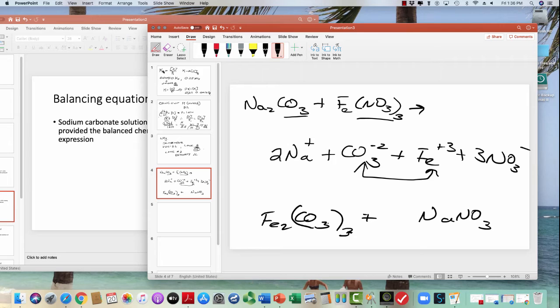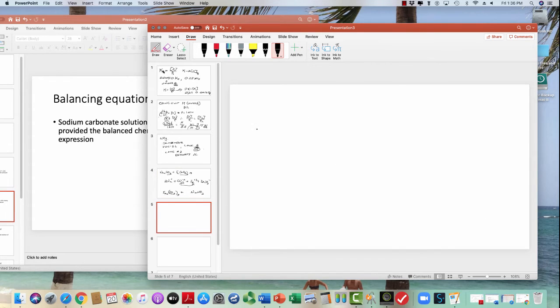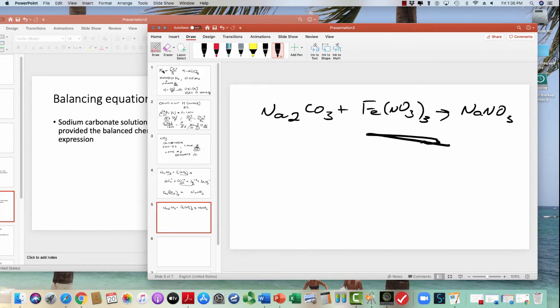Now, let's rewrite this down here. We have something Na2CO3 plus Fe(NO3)3, and that will yield NaNO3 plus, I think I know what's happening.